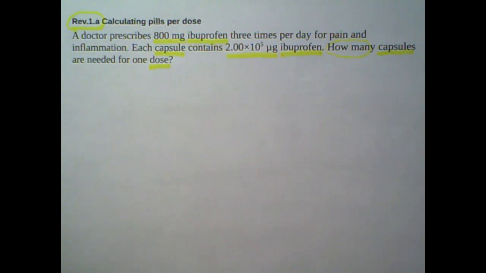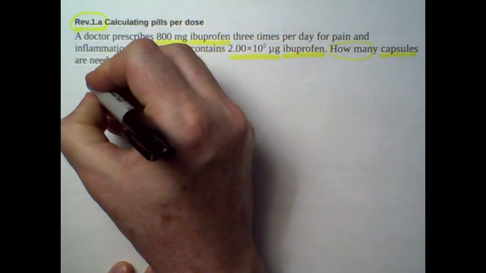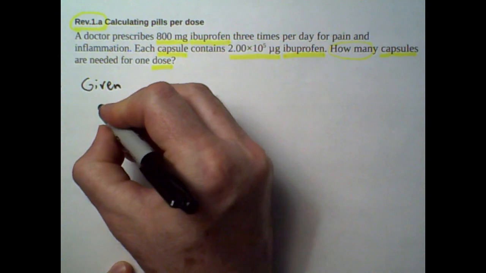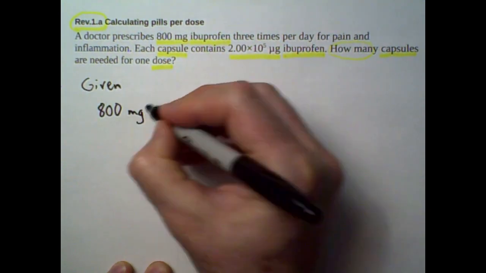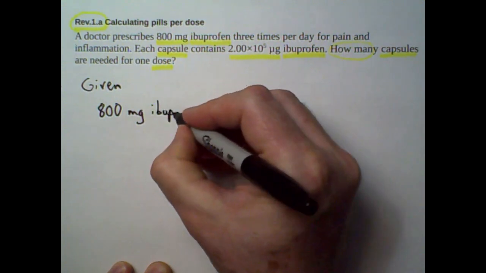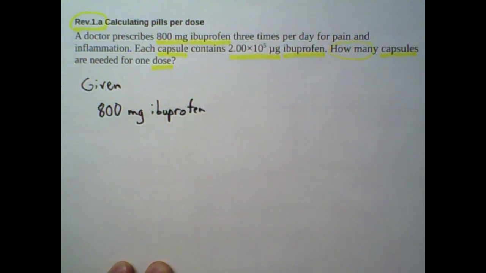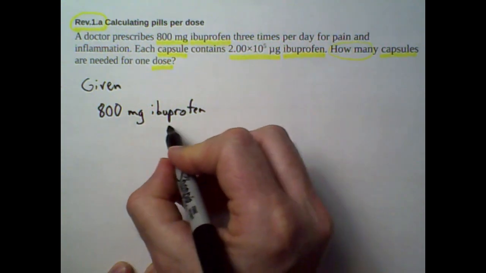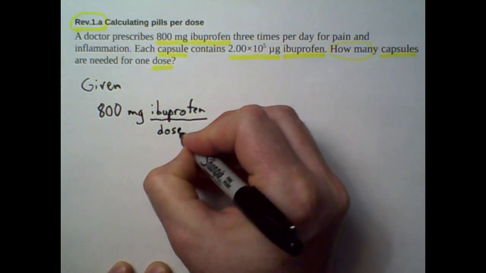So I start by writing all these things. Given: 800 is my number, milligrams are my unit, ibuprofen is the object that goes with that, but this is the amount of ibuprofen in one dose, so ibuprofen per dose.